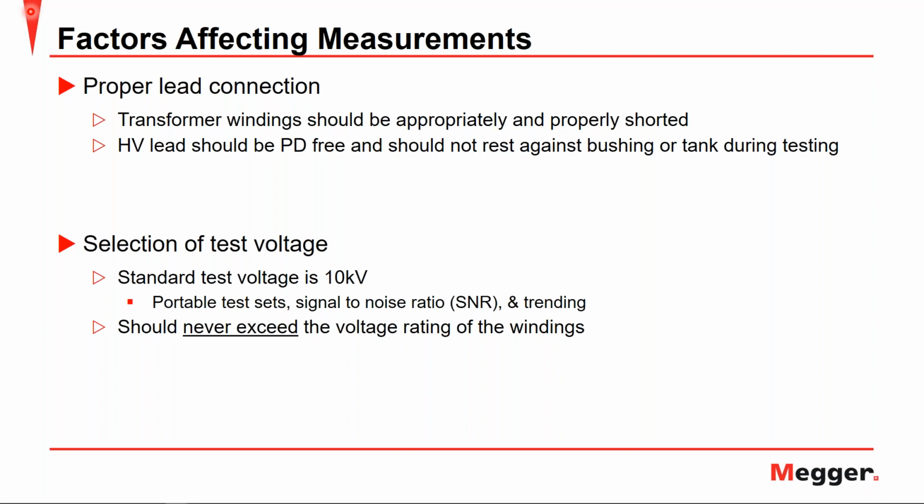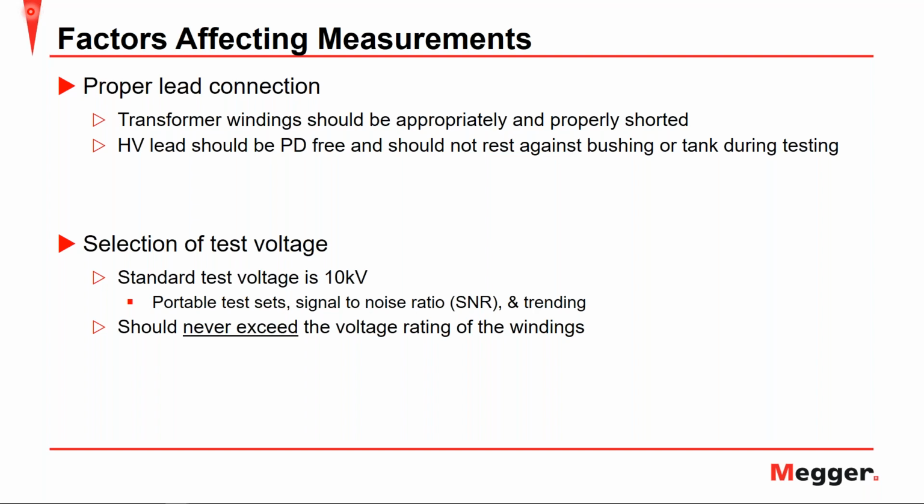Also, your high voltage lead should be partial discharge free and should not rest against the bushing or the tank when testing, as this could cause arc flashovers. So you want to make sure that you have support on that high voltage lead and it's not resting against the bushing or the tank.